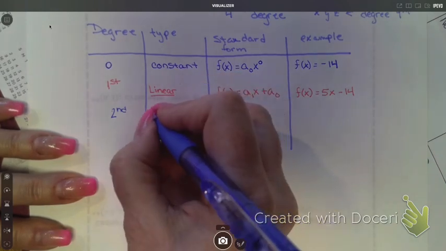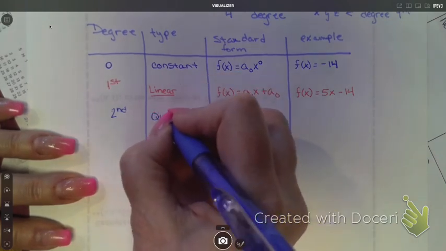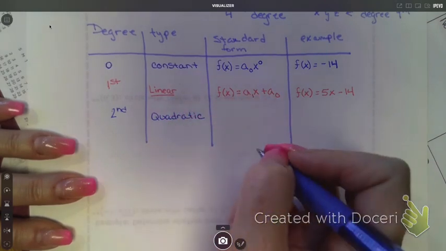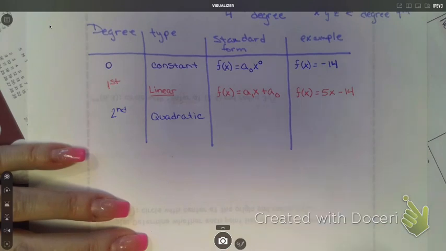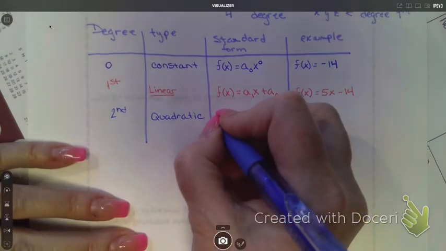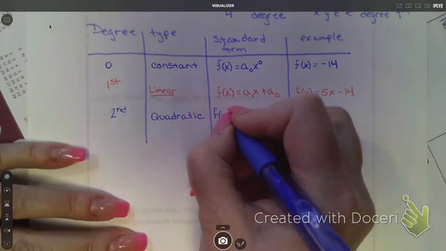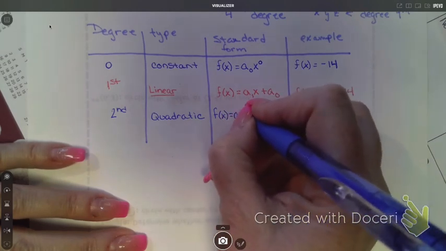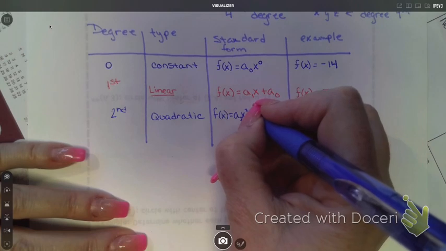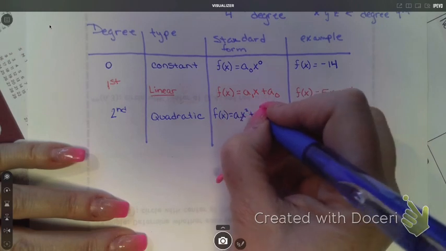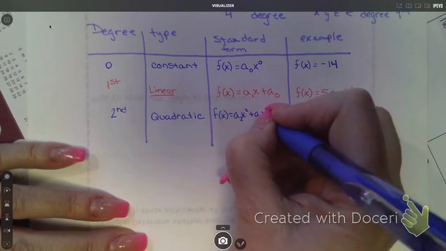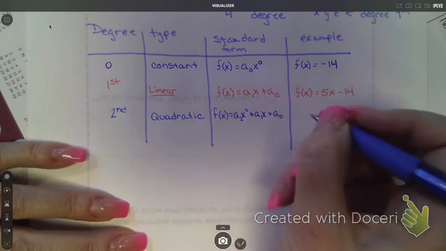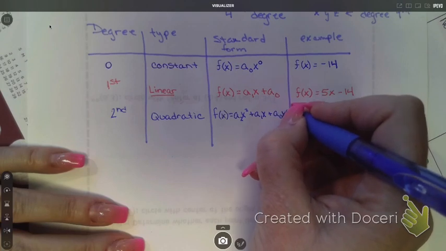It's called quadratic. And we've been dealing with quadratics a lot, haven't we? That would be f of x equals a sub 2 x squared, and these can be plus or minuses, a sub 1 x plus a sub 0. And then it'd be x to the 0. I'm just going to keep writing that 0.